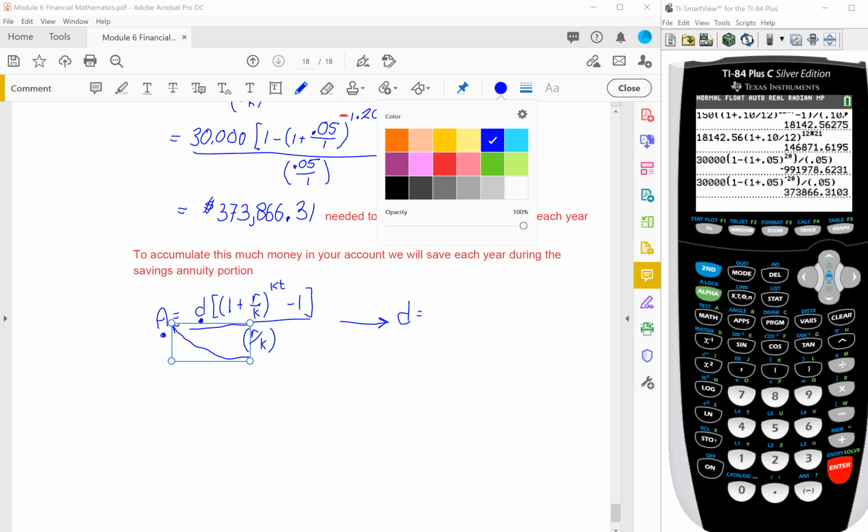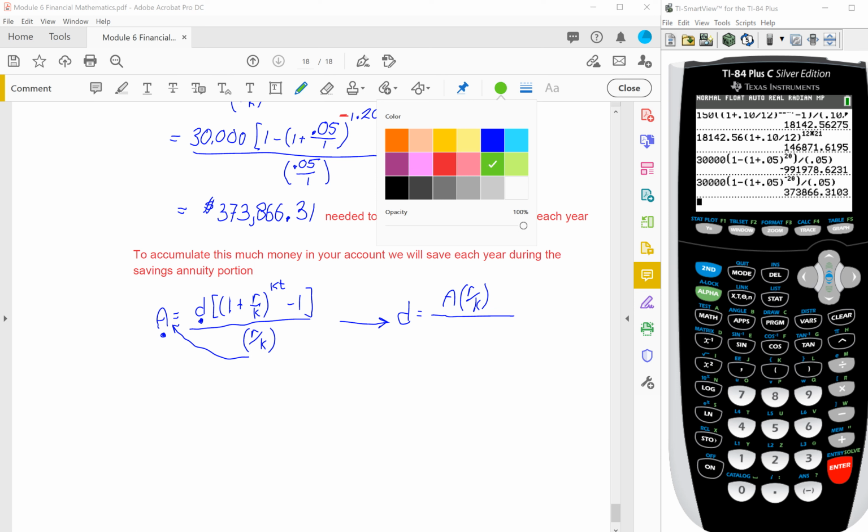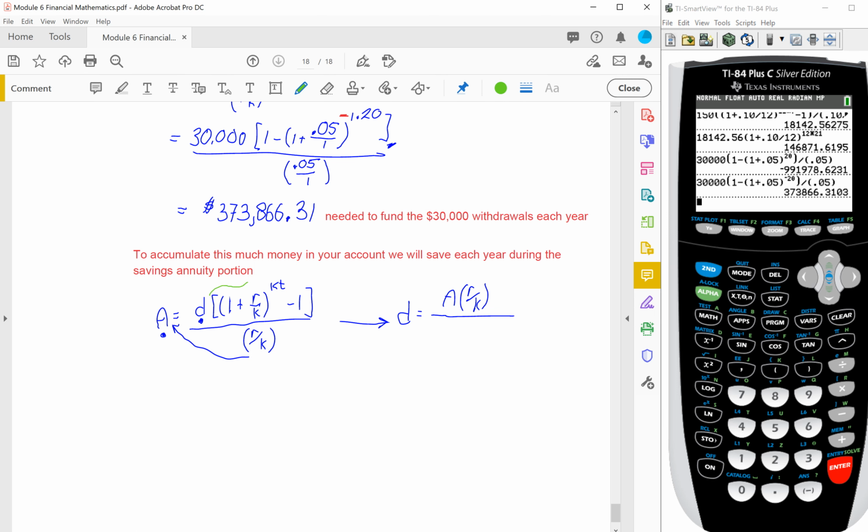So if I multiply by R over K, we're now going to have A times the R over K. And then to get D by itself, we're going to divide both sides by this bracketed expression. So now it'll be divide by bracket, 1 plus R over K raised to the KT minus 1.